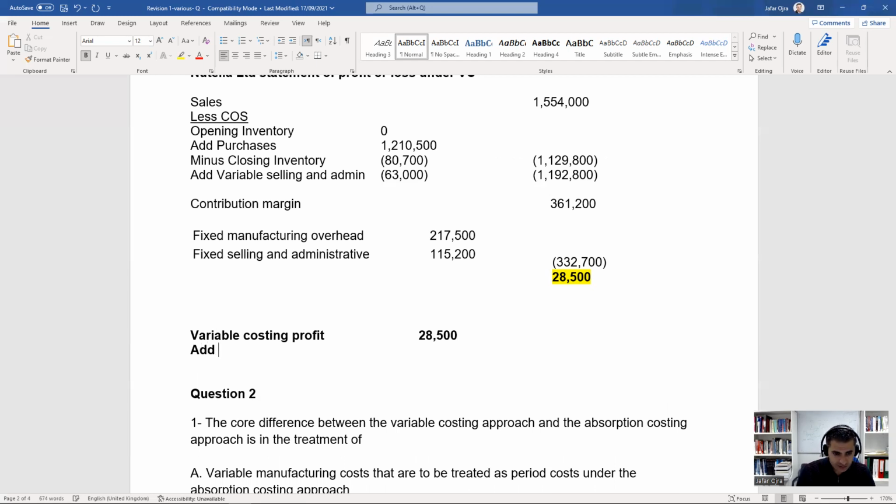Okay. So how do we calculate this? Very simple to calculate.